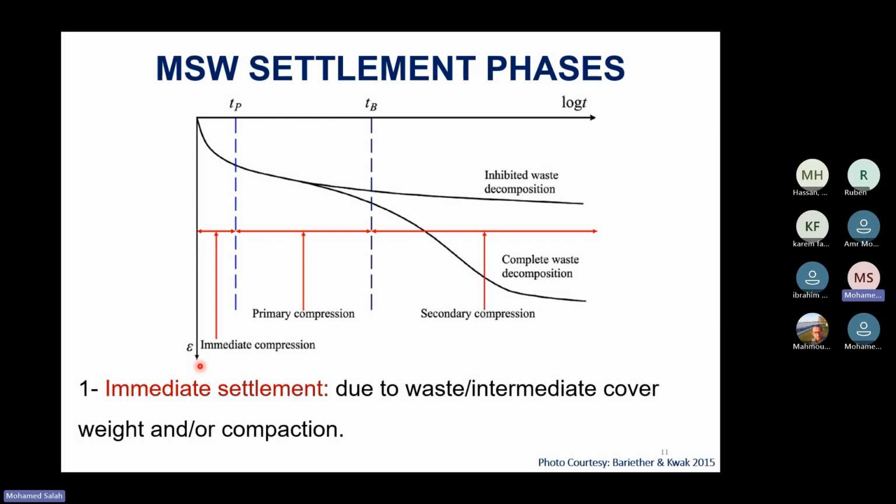The first stage, just after the waste disposal and after applying a load or stress on the top of the waste, is the immediate settlement. Mainly, the stress applied on the waste may be the weight of a subsequent waste layer placed on the landfill or the daily compaction activities in the operation of a landfill. So the first stage is the immediate settlement, and it happens due to waste intermediate cover weight and or any other compaction. It ends at a time called TP.